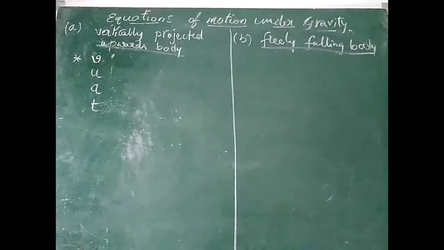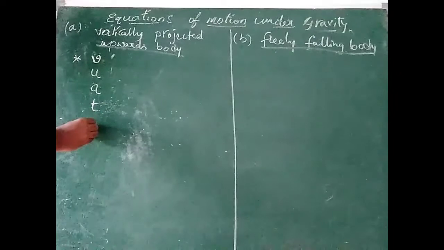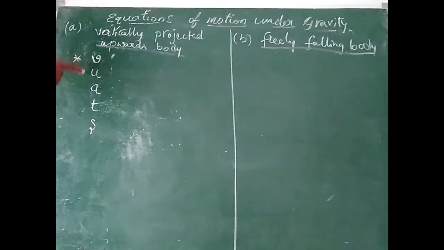Second equation of motion, S is equal to UT plus half AT square. Next third equation, V square minus U square is equal to 2AS.